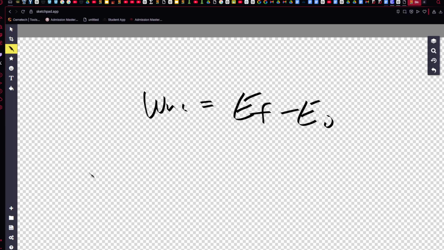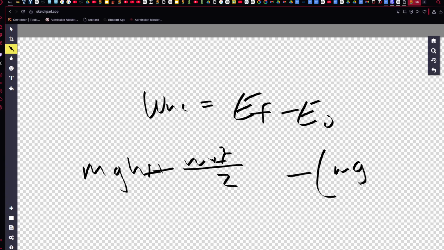So Ef is essentially the sum of mgh plus mv squared over 2. So this will be the final version, Ef minus E0, with E0 being mgh0 plus m v0 squared over 2. You will go to rotational energy, so typically there will be an I omega squared term added, but in this case it wouldn't really matter because we're talking about the work energy theorem in particular.